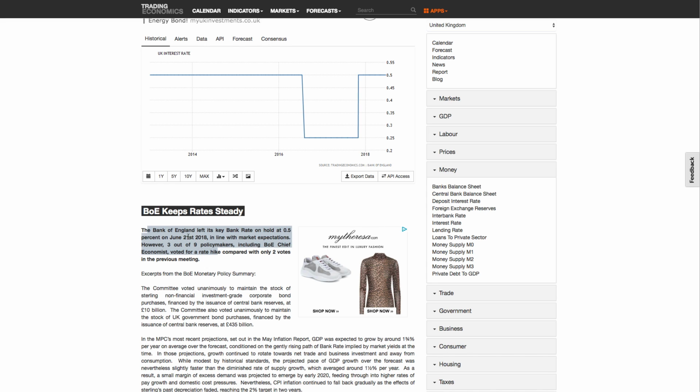These are some smart people, these policymakers, very, very smart. They have access to so much data, right? And if they go from 2 to 3 policymakers indicating an interest rate hike, obviously they wouldn't be hiking into a recession, right?